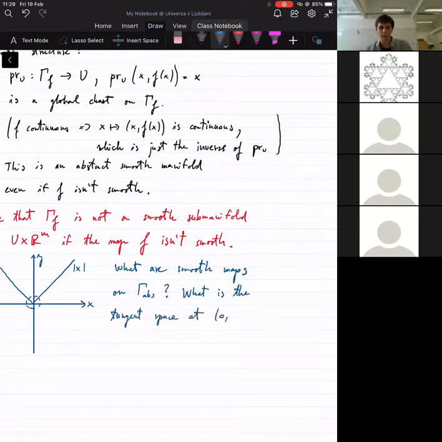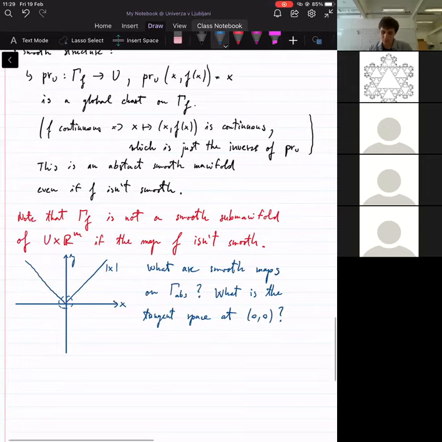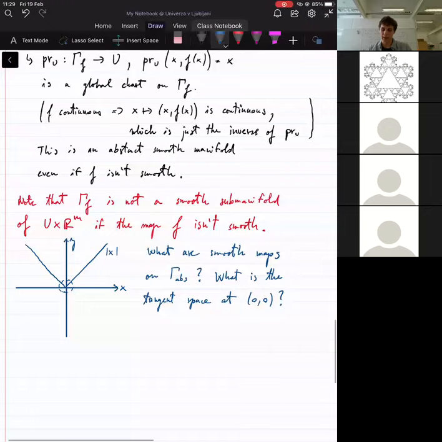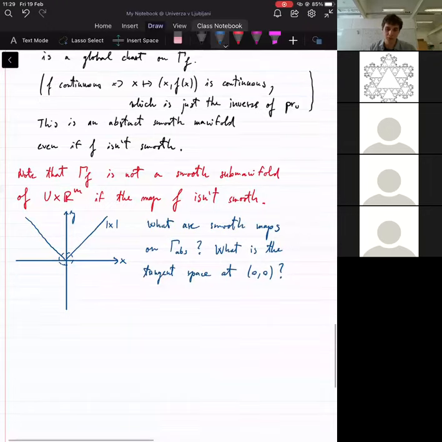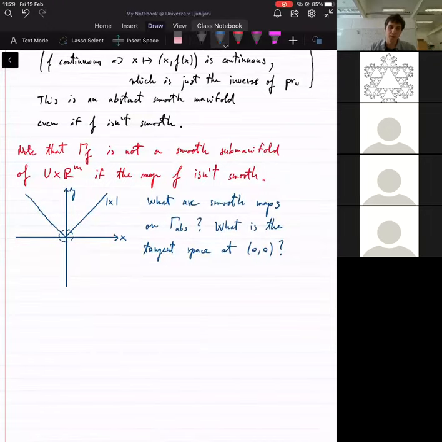So these are certain notions that we are not really familiar with yet in this course, but some of you are already prepared to contemplate such questions, right? And the answer would be that smooth maps on this abstract manifold must be such that they smooth the cusp out in a way. Okay, you may write down the definitions and see for yourself.